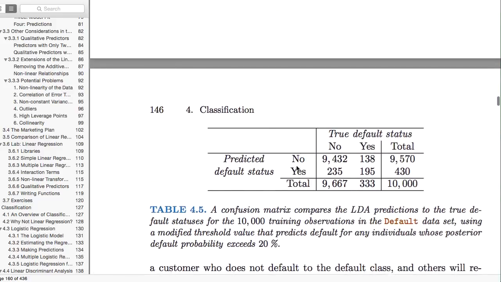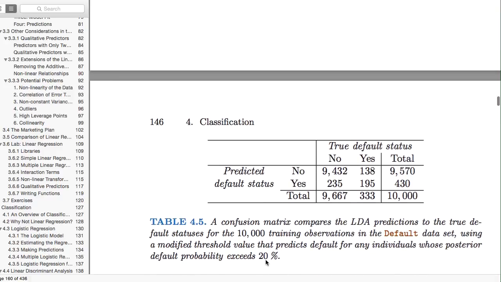We changed the default probability so that if it exceeds 20%, we turn the customer away. And now we have turned away 235 people, which is still a small fraction of 9,000, but we've almost cut in half the number of people whose credit card bills we're stuck with as the credit card company.